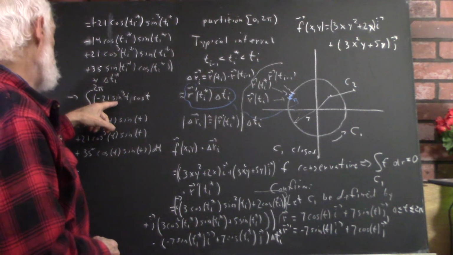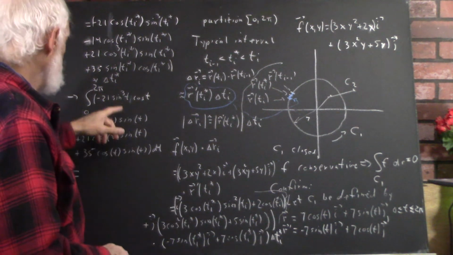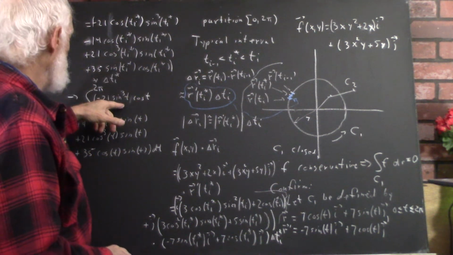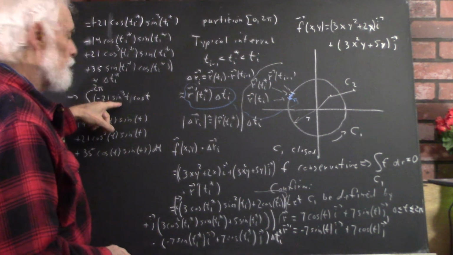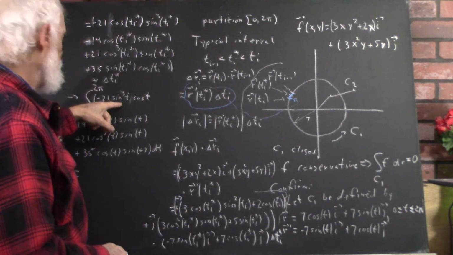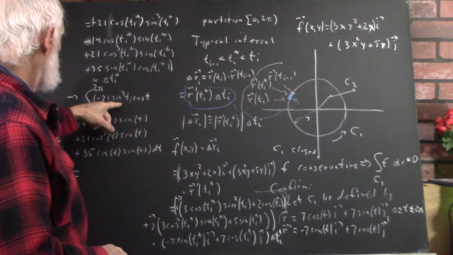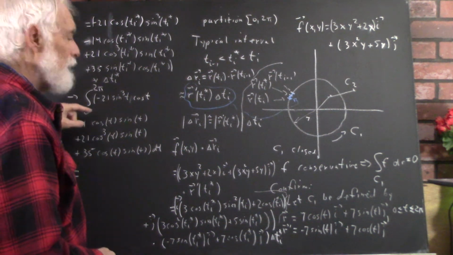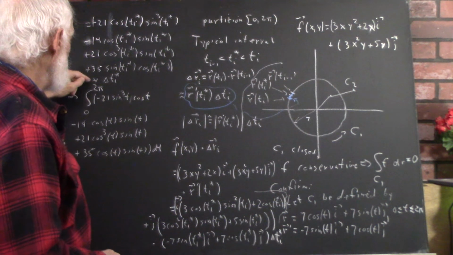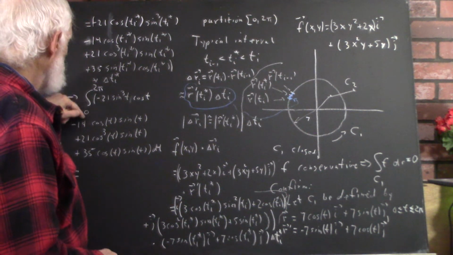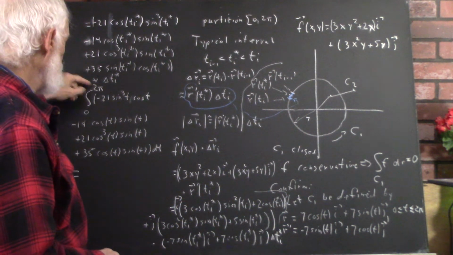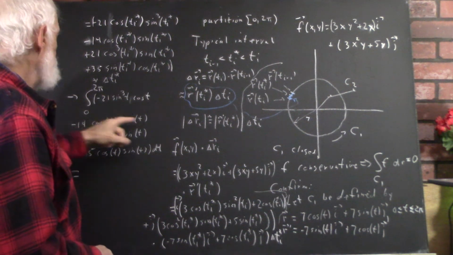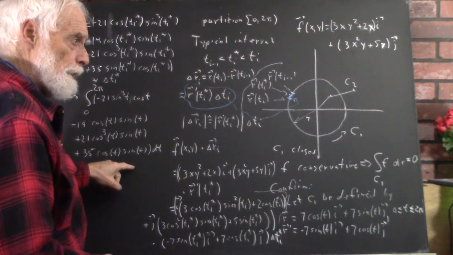But if the sine is your u function, that's going to give us then, on integration, a fourth power of the u function, meaning the antiderivative is going to be a fourth power of the sine. Well, a fourth power of the sine is going to be equal at 0 and 2 pi. Okay, so it's going to all be equal between 0 and 2 pi, and it's going to give us 0 for the integral.